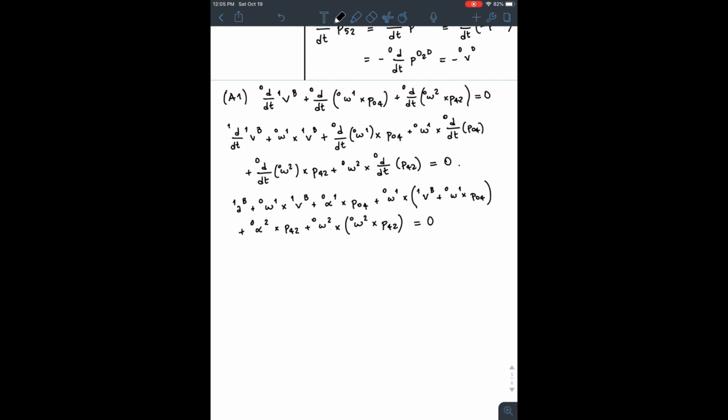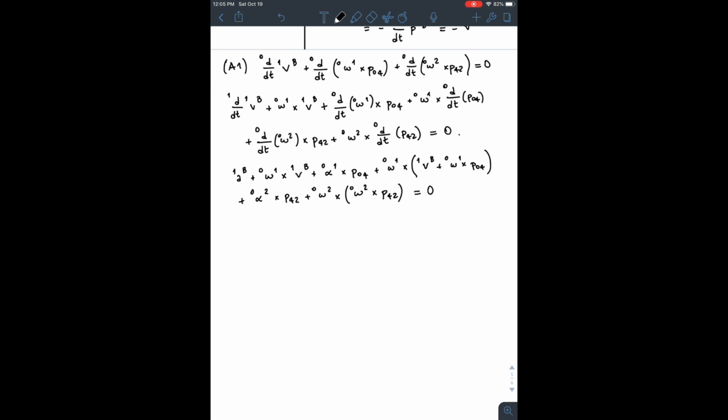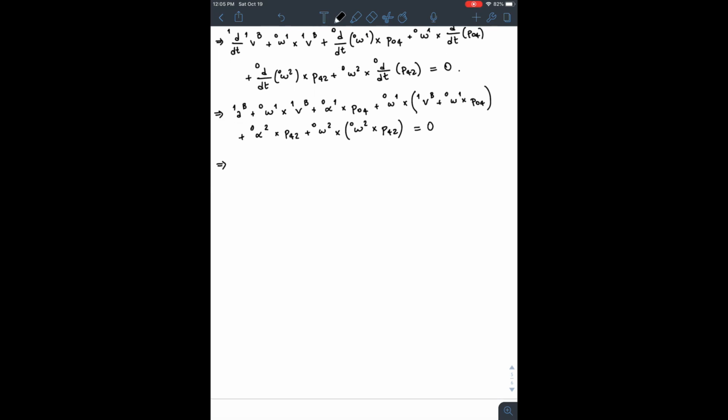Very good. And now the final step is that we can collect some terms together. So let me put some continuation signs here so you can follow more easily. This is going to be the acceleration of the point b in 1, plus we have an angular velocity of 1 in 0 cross velocity of b in 1 term here, and another one of that right there.